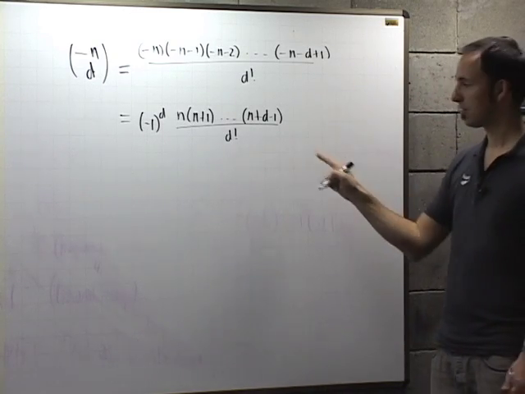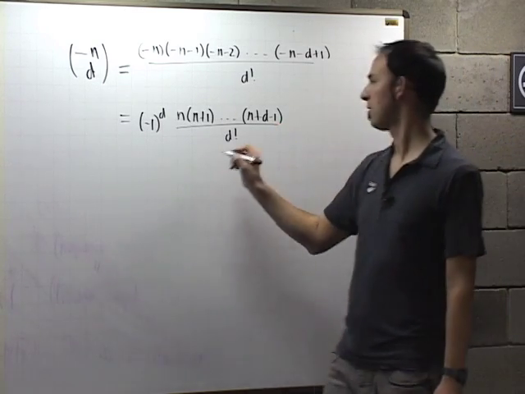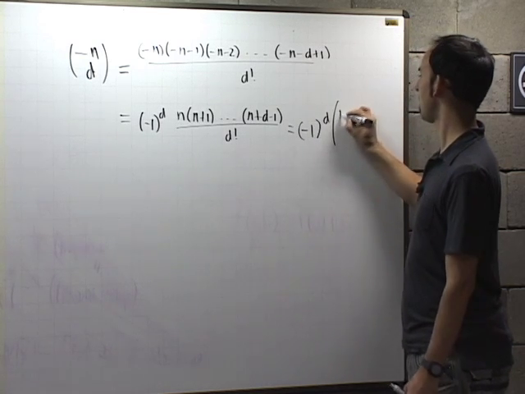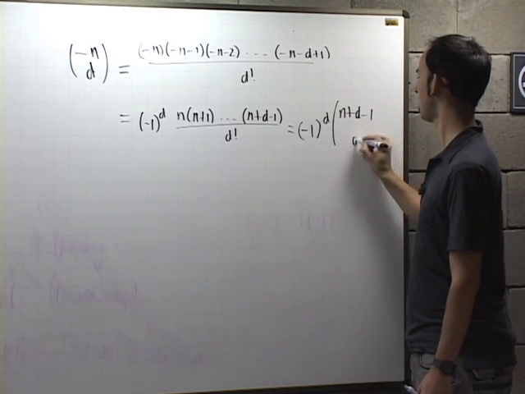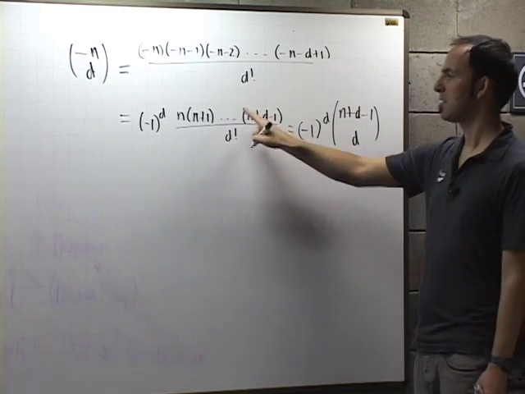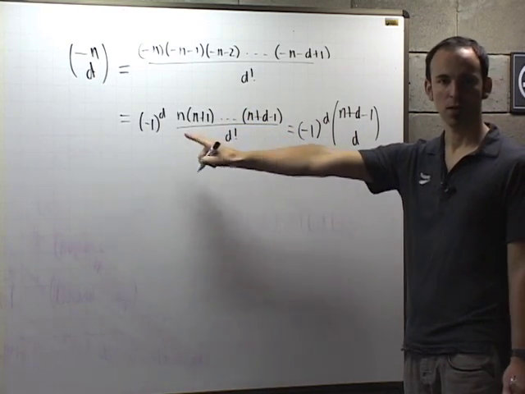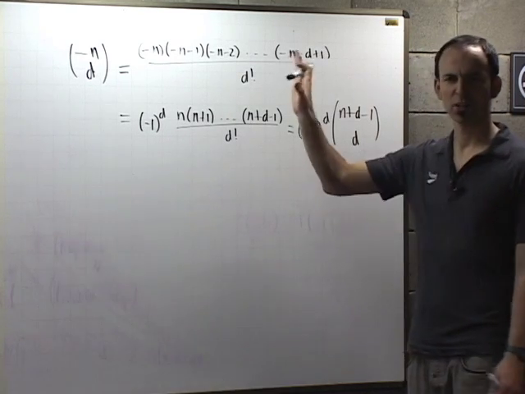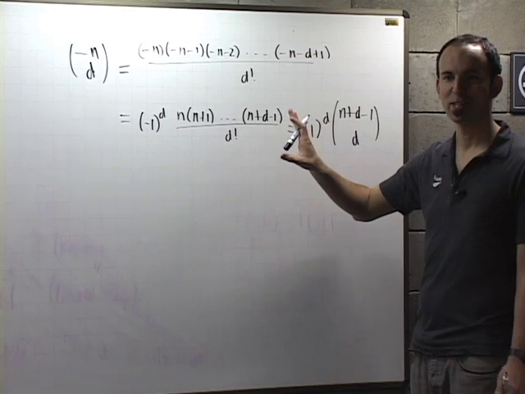But if you look at this, this is precisely n plus d minus 1 choose d. The formula for this is n plus d minus 1, n plus d minus 2, up to n. Okay? You should probably do this yourself slowly to make sure I'm not lying to you.